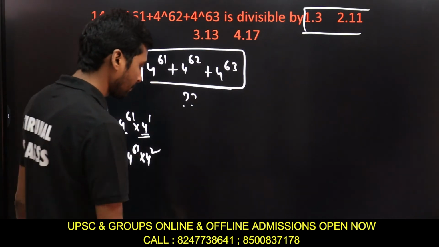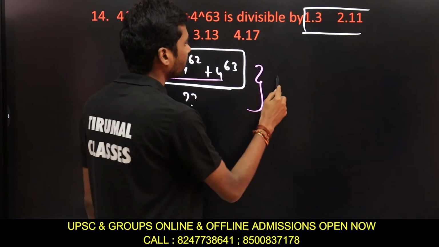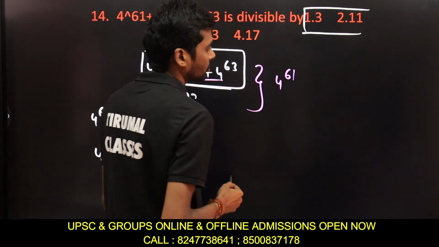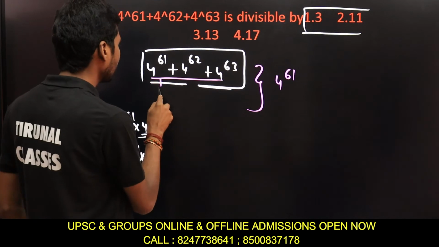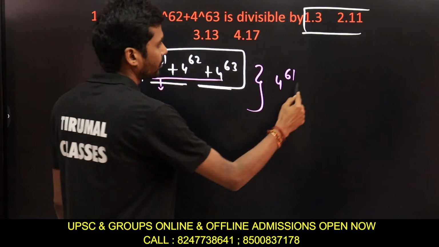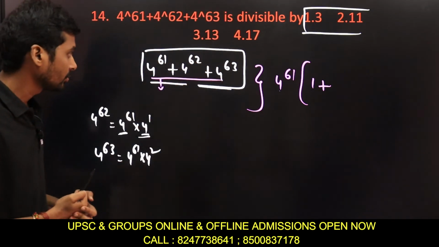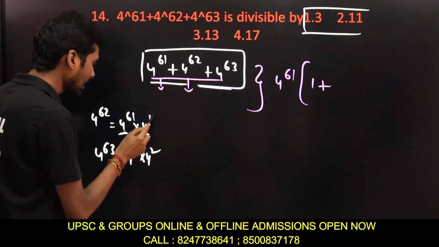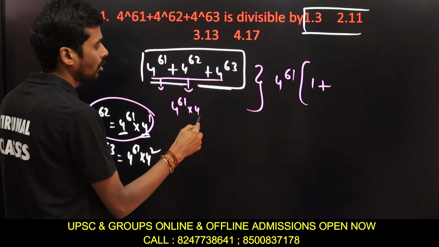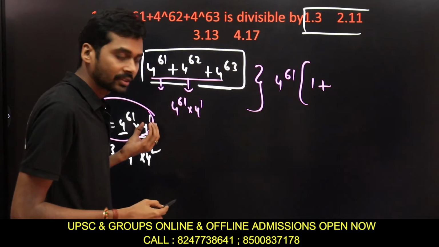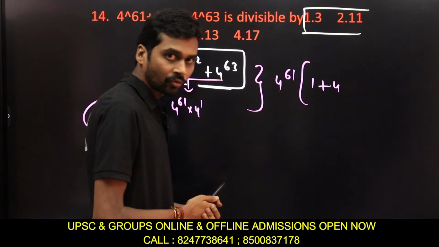So 4 power 61 is the common factor. If you take 4 power 61 common, what are we left with? In the first term, 4 power 61 into 1, so 1 is what remains. Now 4 power 62 is 4 power 61 into 4 power 1, so taking 4 power 61 common, the remaining number is 4 power 1, which is nothing but 4, right?